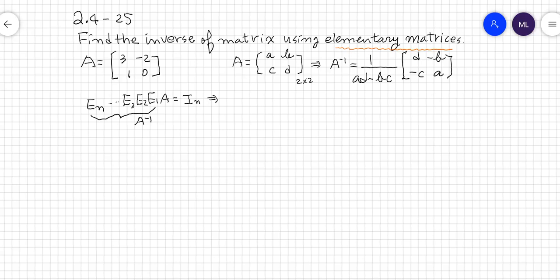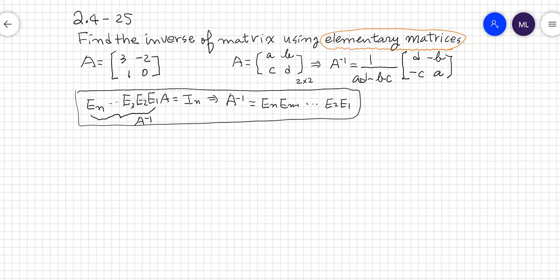So that is what they mean by using elementary matrices. From here, A inverse is En all the way to E2 and E1. Okay, so that's the idea here.